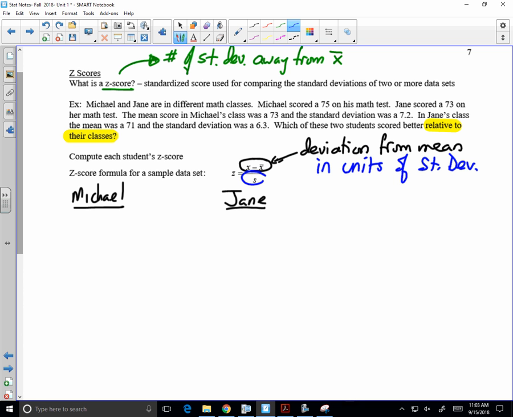All right, so we're not working with units of points anymore. So if I say, just looking at the top, the class average was 73 and I got a 75. My deviation is 2. I'm 2 points above average.